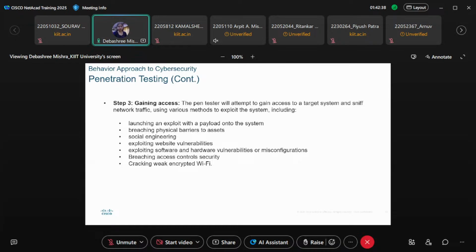Next, they can go through your website, exploit websites, software and hardware, and any misconfiguration. Next is breaching access control, and next is Wi-Fi. They will target the Wi-Fi so that they can get into the organization's networks. Their main target is to gain access.